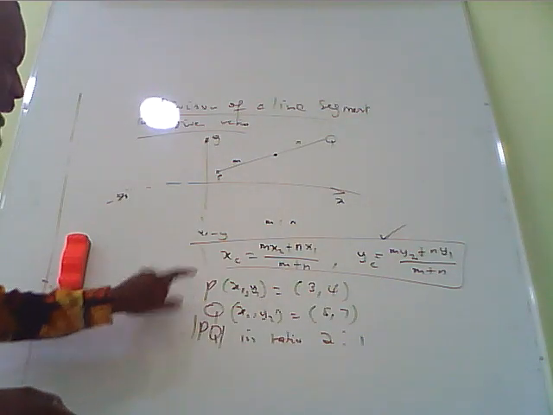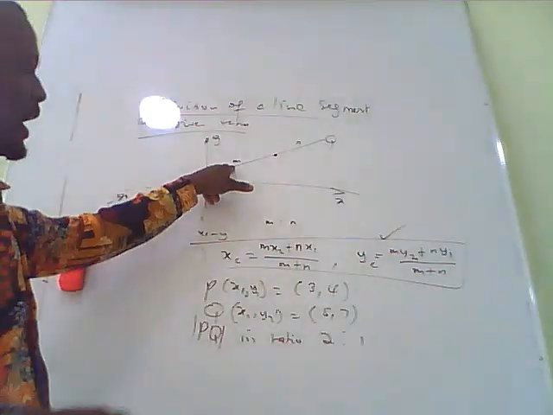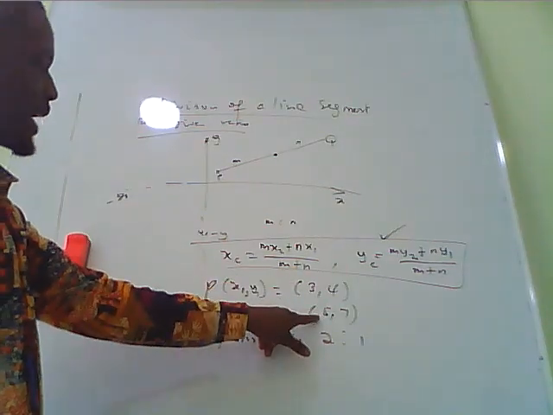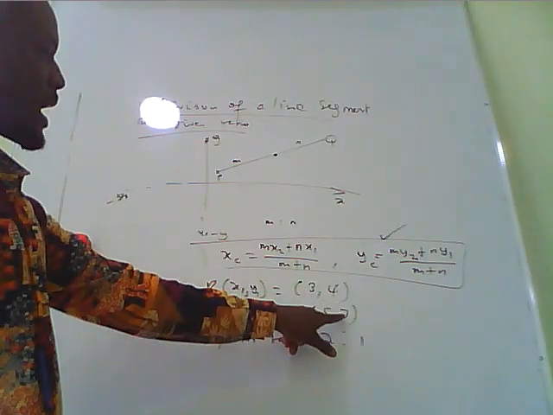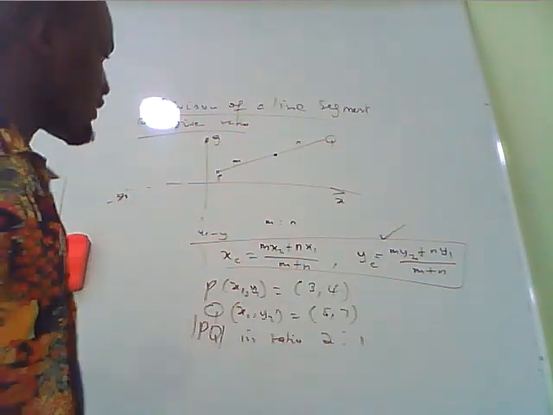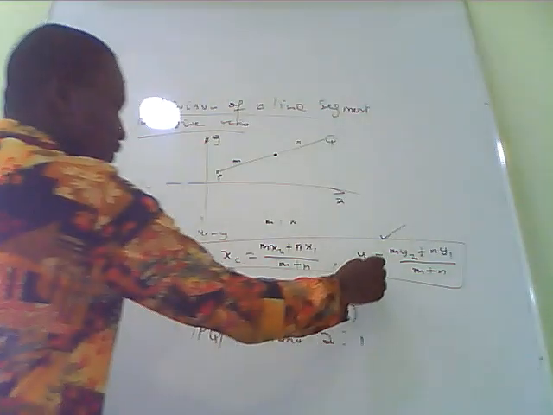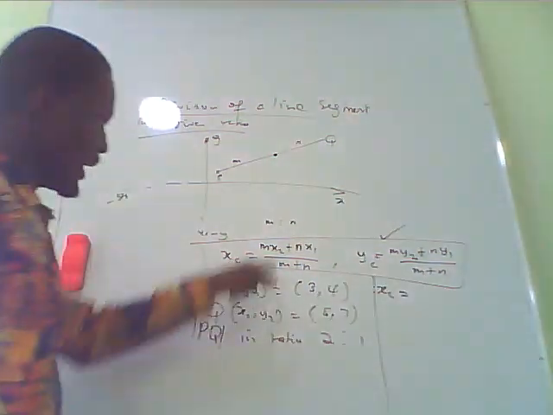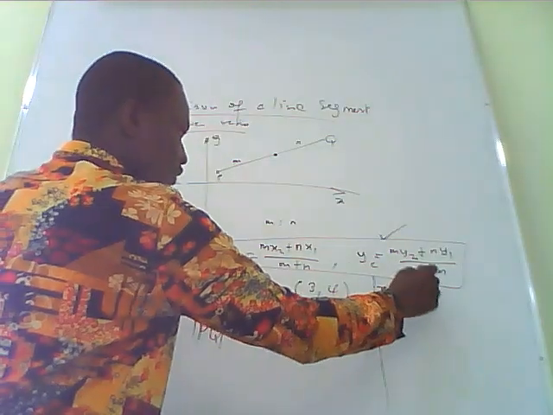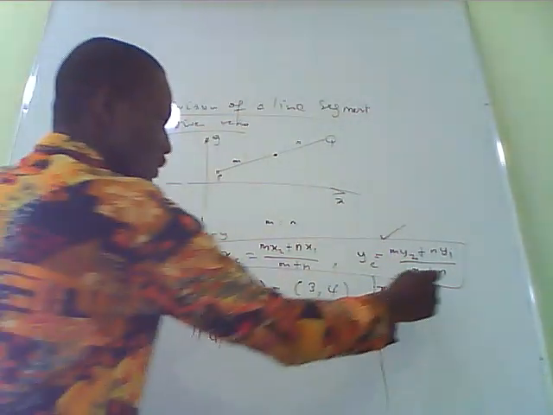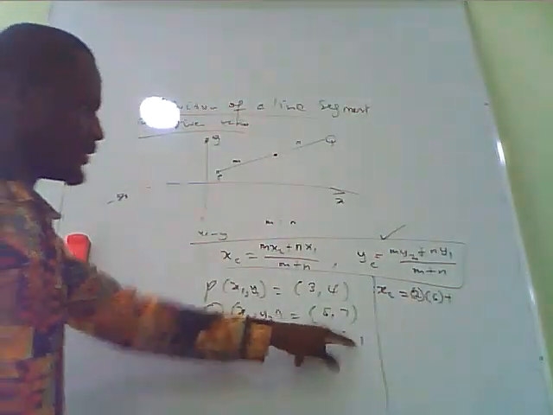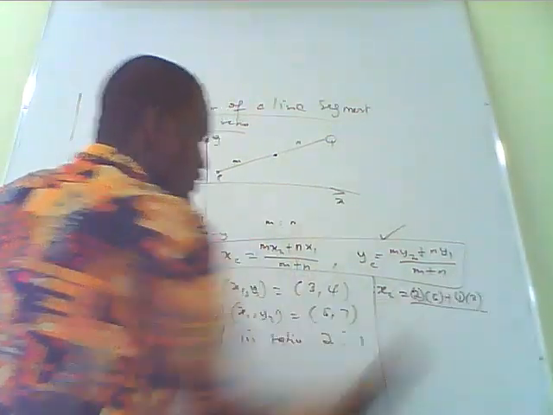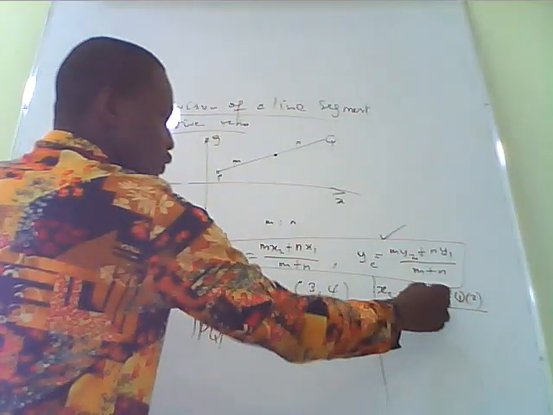If we divide this line segment in the ratio 2 is to 1, you take m as 2 and n as 1. Obviously, x1 is 3, x2 is 5, y1 is 4, and y2 is 7. We substitute into the formula. For xc, m is 2, so we have 2 times x2, which is 5, plus n is 1, times x1, which is 3, all over the addition of the ratios, which is 2 plus 1.